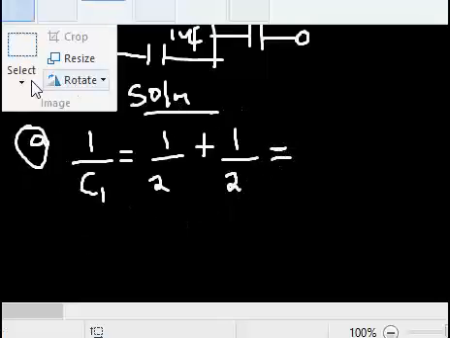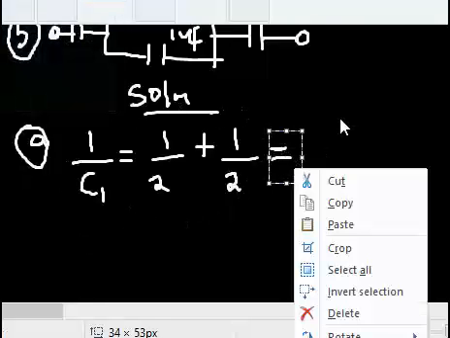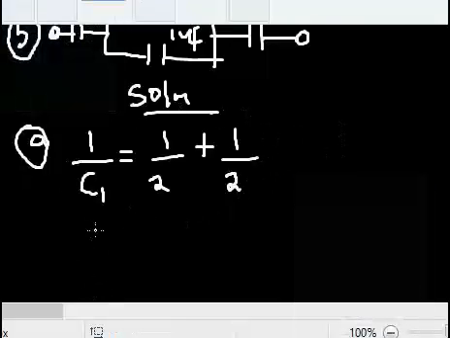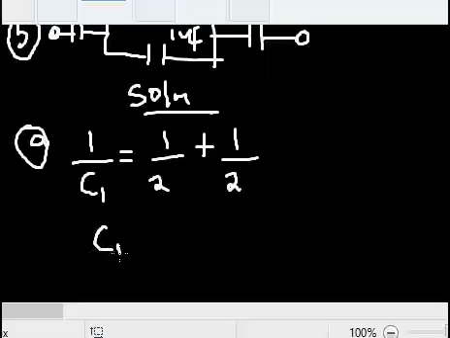Now I'm going to give you a shortcut for me to find C1 without going through the process of finding the LCM. This shortcut is basically for when there are just two capacitors in series.